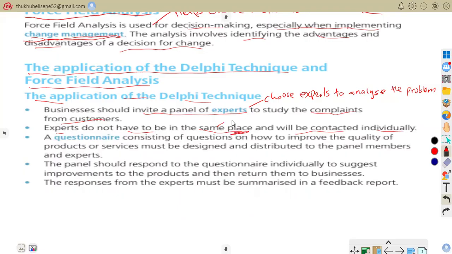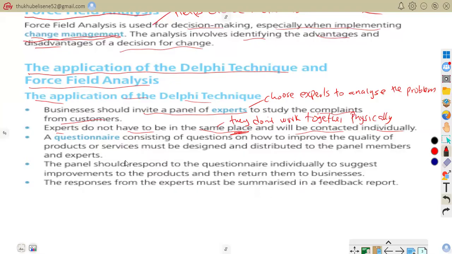That's what this statement means. Each expert receives emails separately.